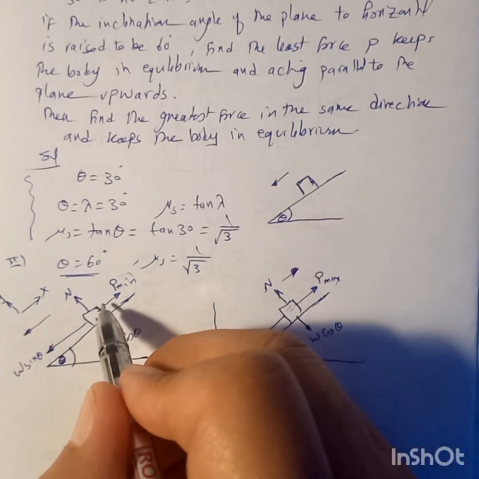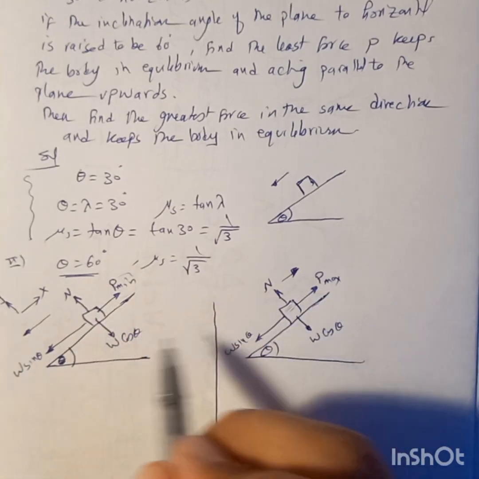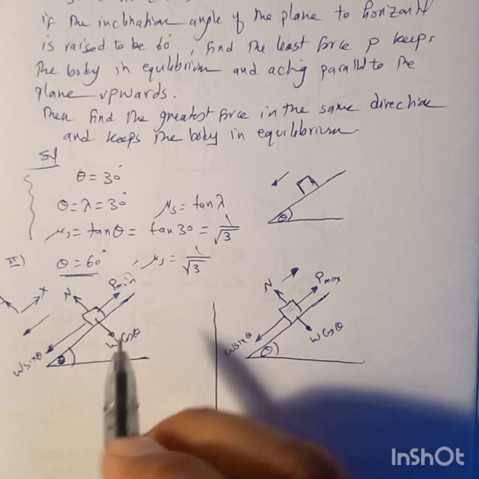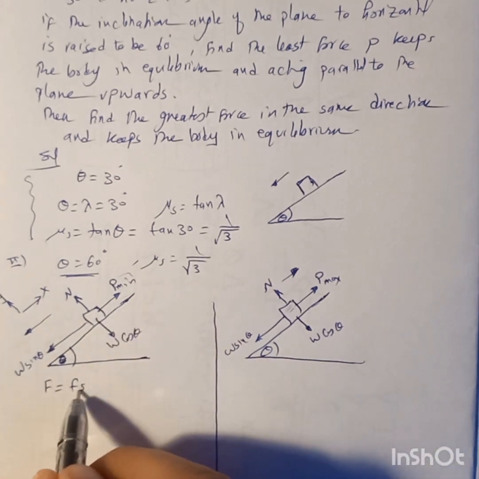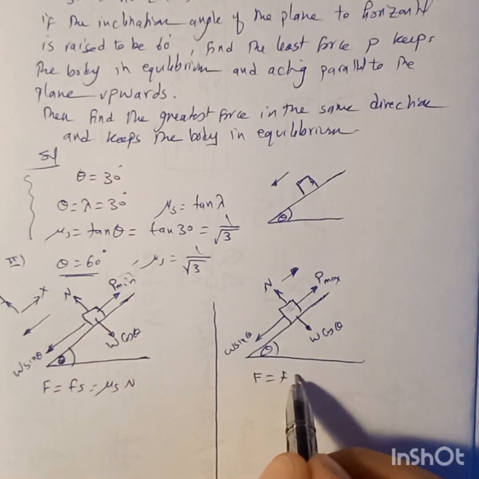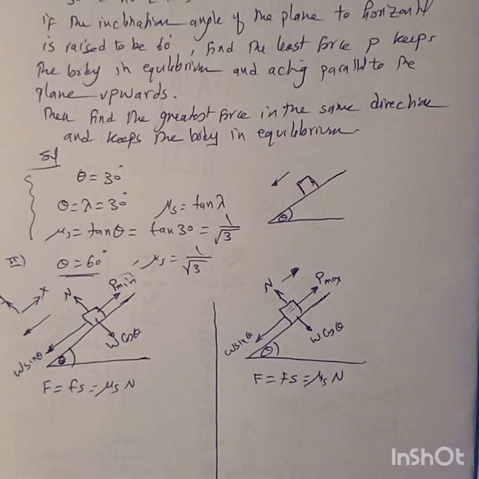Now we need to find the friction force. In this case the body is about to move. Then we have F equals Fs equals mu s times N, and also F equals Fs equals mu s times N, as the body is about to move in both cases.